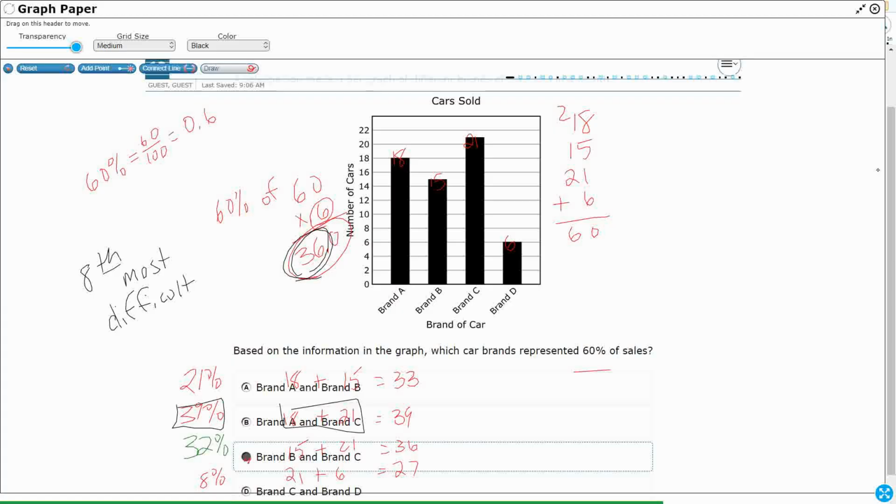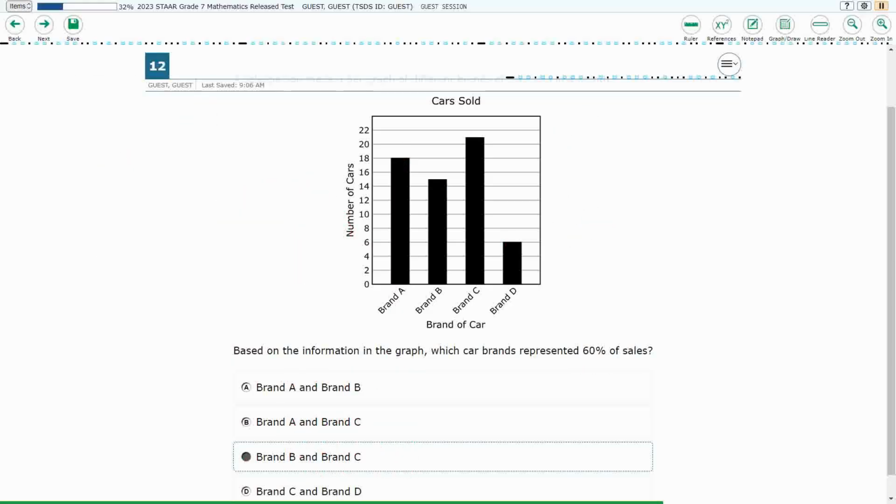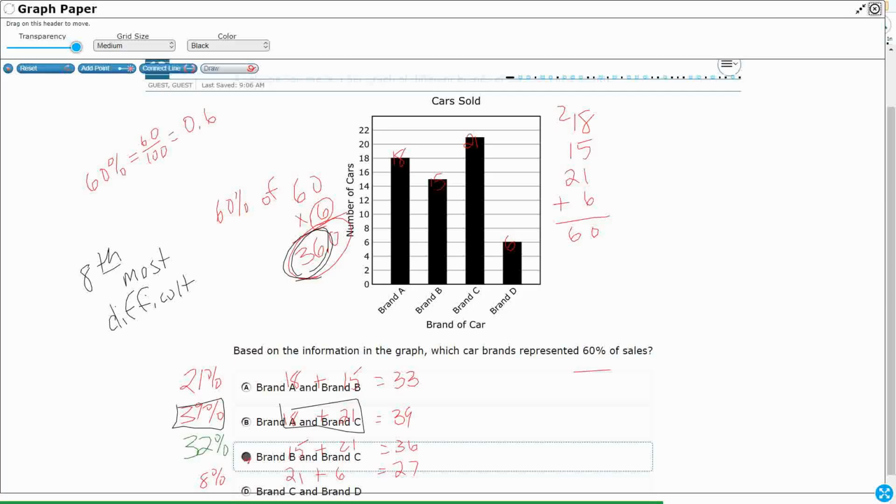My thinking here is, let's just take a look at the problem itself. If I'm not sure what to do as a student, and I don't know how to calculate this, probably the most attractive thing is for me to choose the two highest bars, A and C. So most likely, we had the highest percentage of students choosing B, A, and C simply because, this is my own thought, they had no idea what to do, and they just chose the highest two bars.